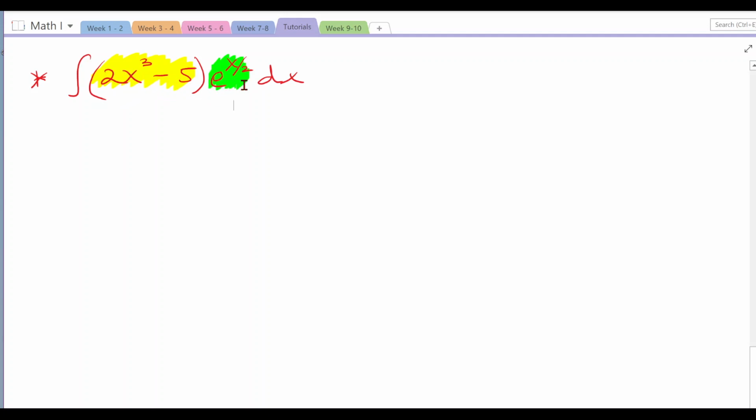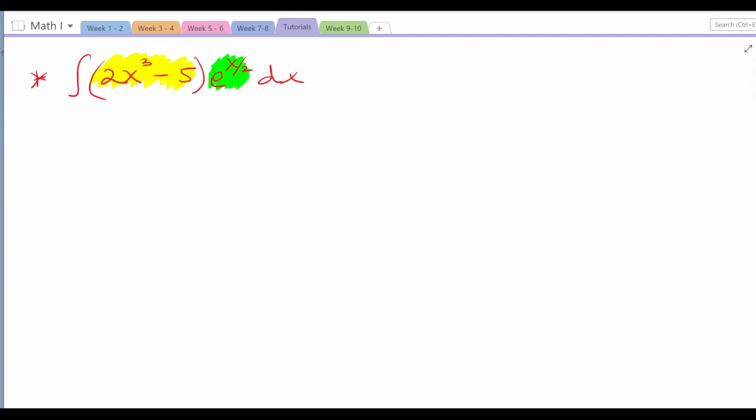And then the other term must be integrated, and then we cross it up to get the final answer. So let's solve this problem using the tabular method, because we know that 2x cubed can be differentiated until it becomes 0, and therefore we can cross it over with each other to get the final answer.